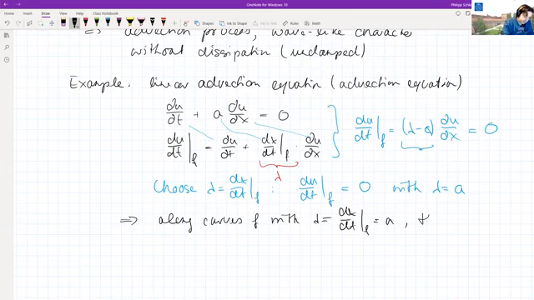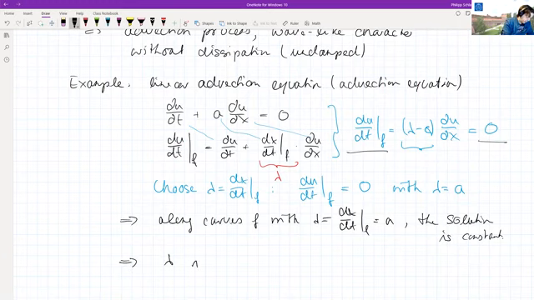It means that the solution is constant. So along those curves, the solution is constant. There is no derivative along that curve. And of course, that means nothing else than that lambda is a characteristic.